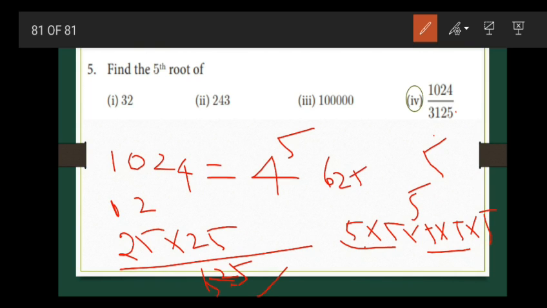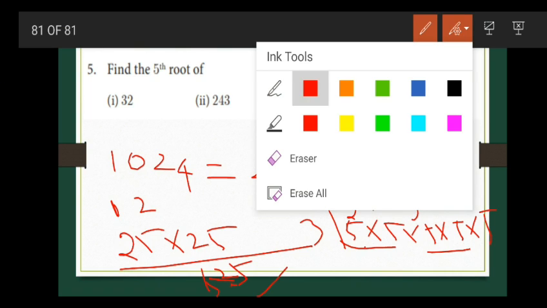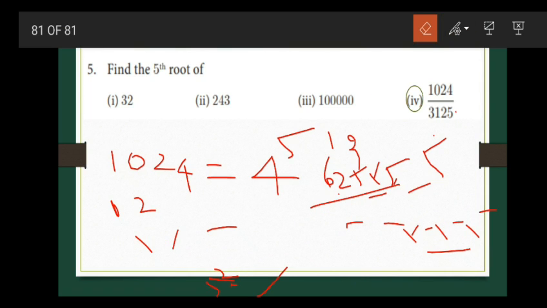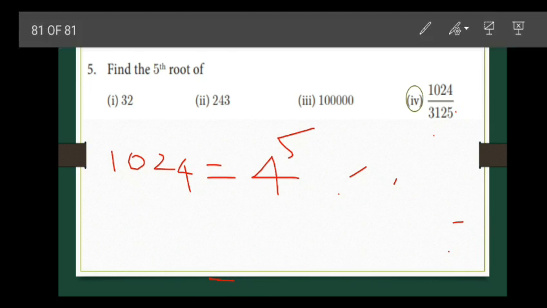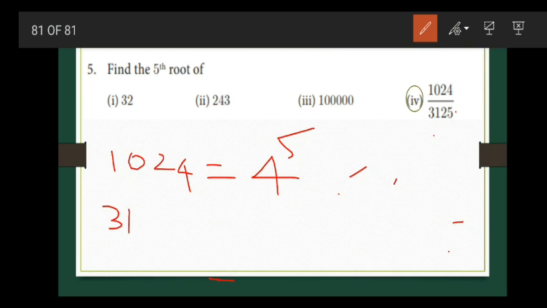Now 625 into 5 is 3125. So 3125 is equal to 5 to the power 5.